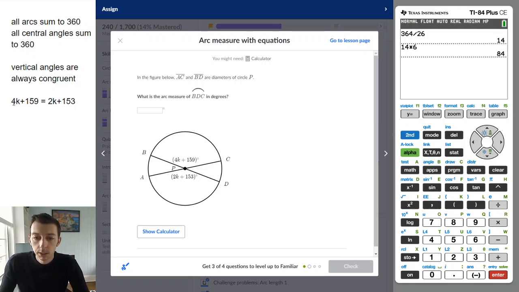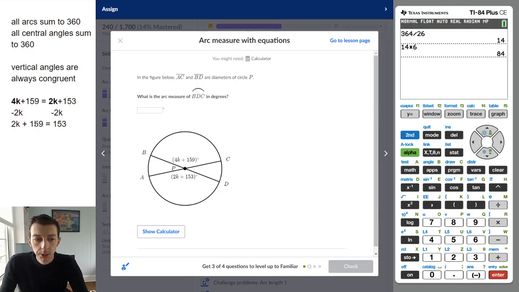I'm going to combine like terms. I have expressions here on both sides, so I'm going to subtract 2k from both sides, so I end up with 2k plus 159 is equal to 153.